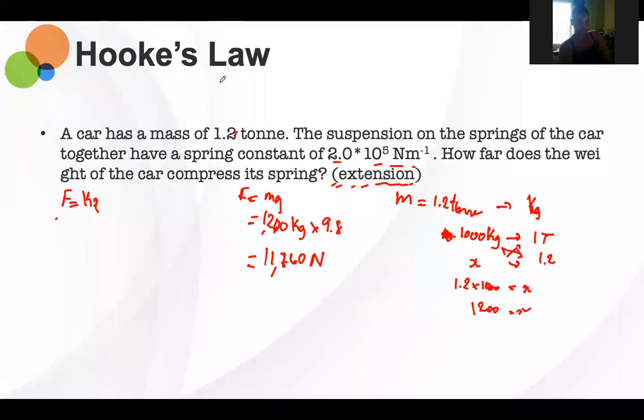What are we transposing, what do we want to get rid of? In this equation here, the k, right? We want to get x on one side alone.